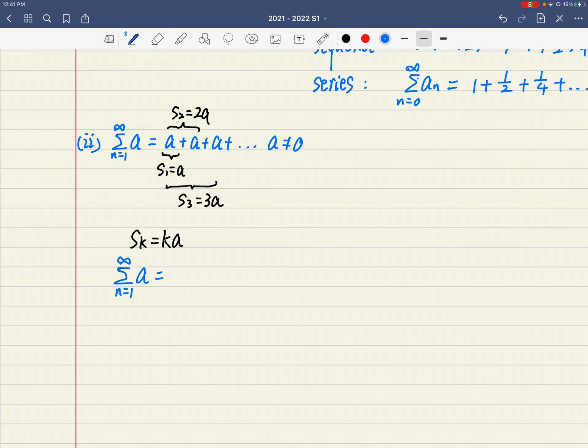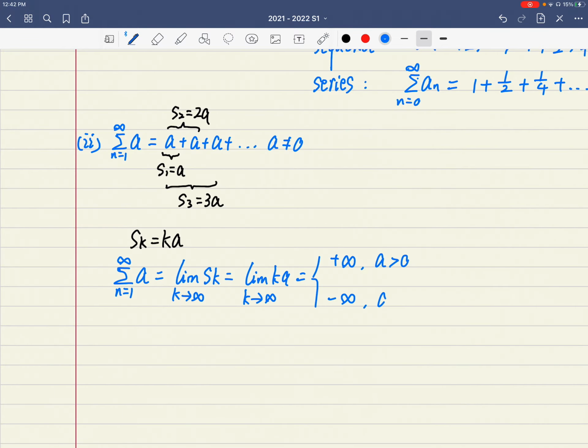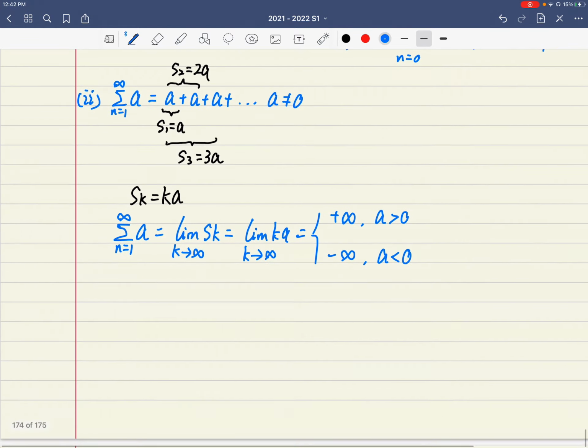The series is exactly the limit of the k-th partial sum when k approaches infinity. They are exactly the same. So it is the limit of ka as k approaches infinity. You can see a is non-zero, so this limit is going to be positive infinity if a is positive, and negative infinity if a is negative.